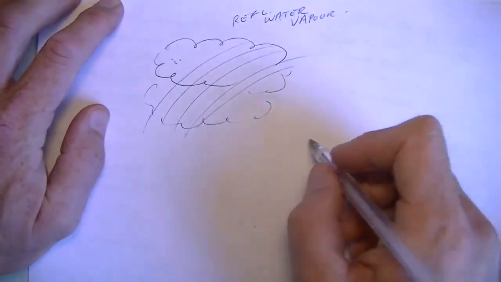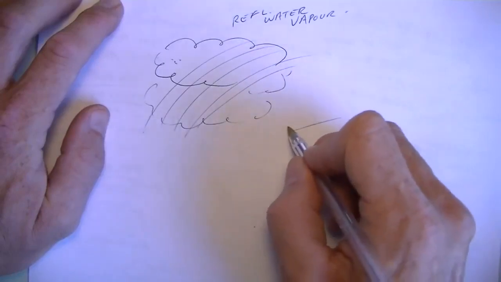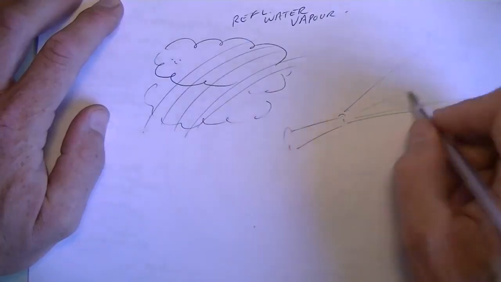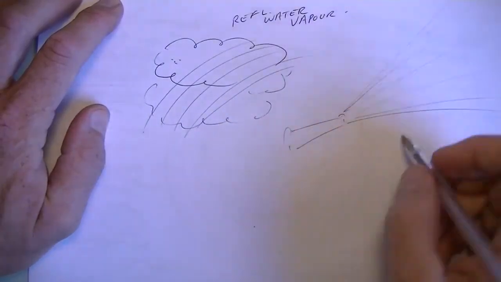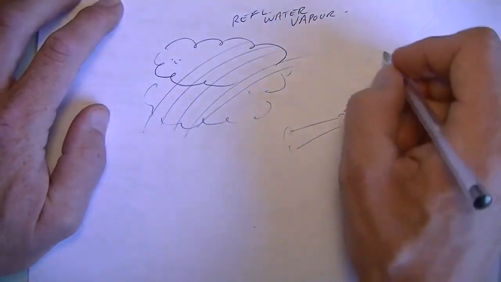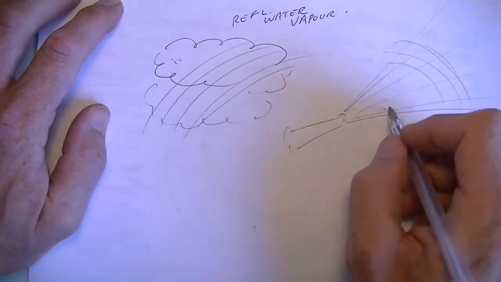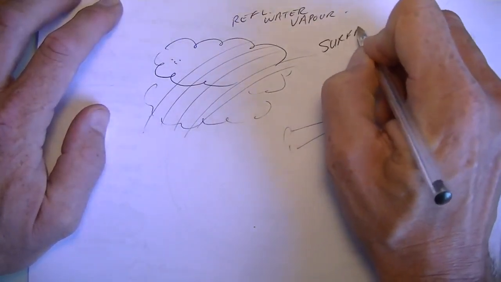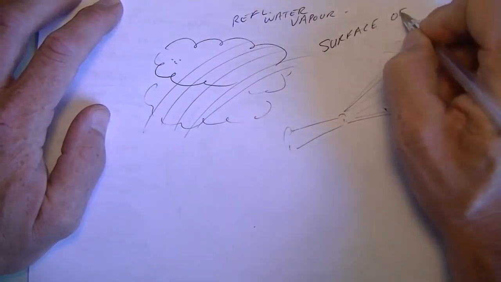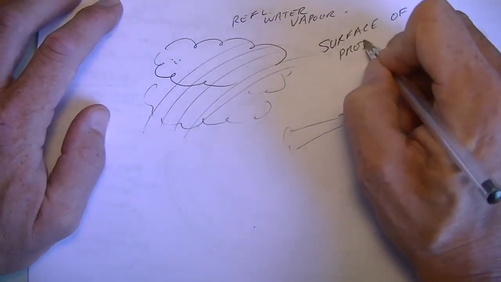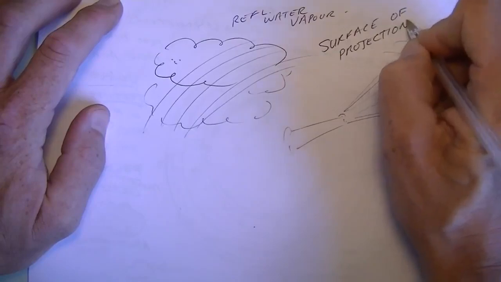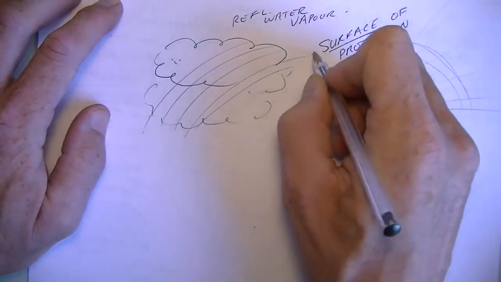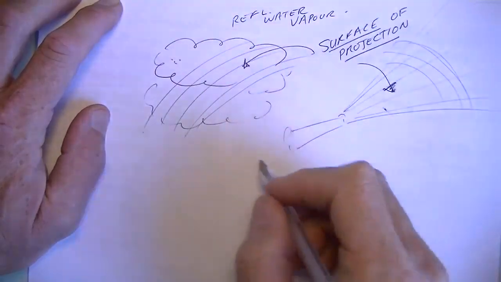Same thing with a garden hose. If you're holding a garden hose, okay, you're spraying out the spray. That's not the origin of the rainbow. The reflective water is just the surface of projection.